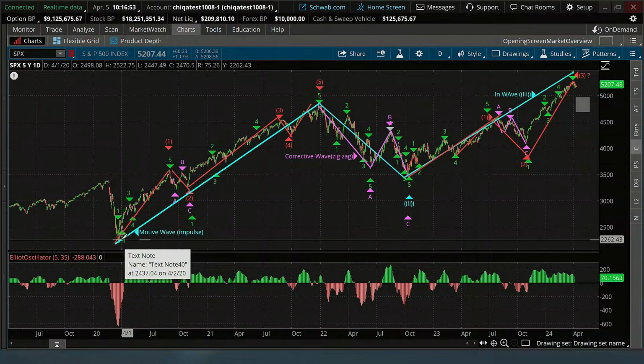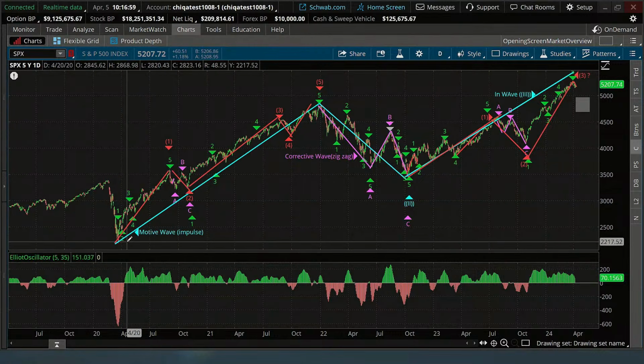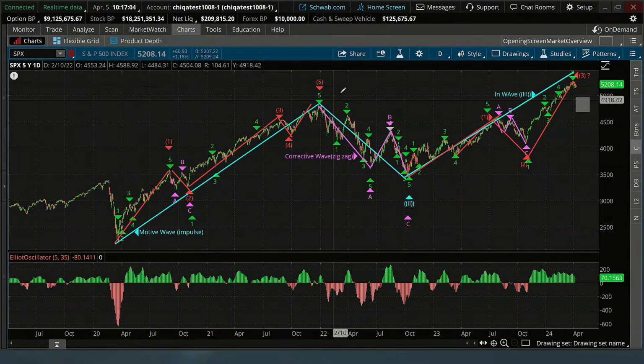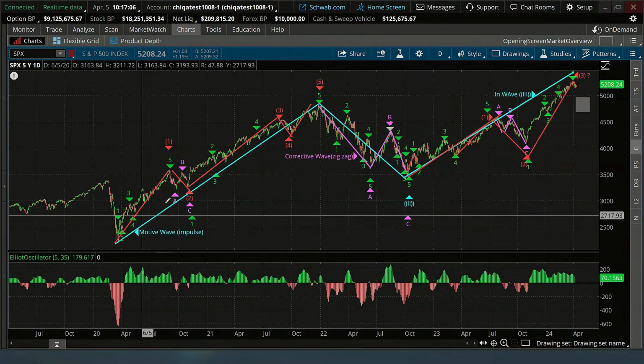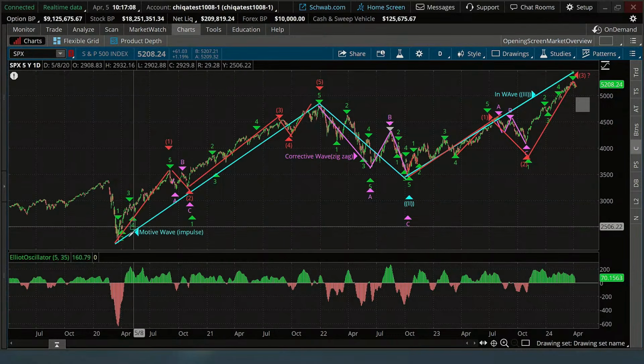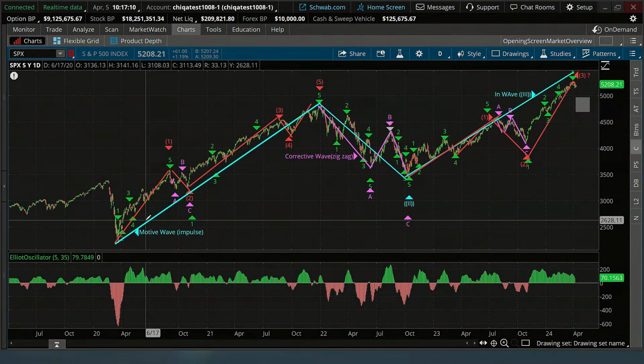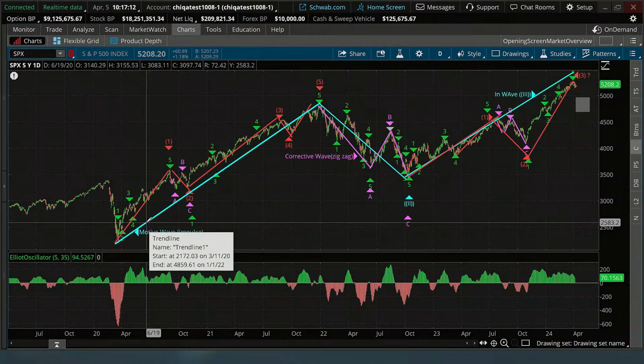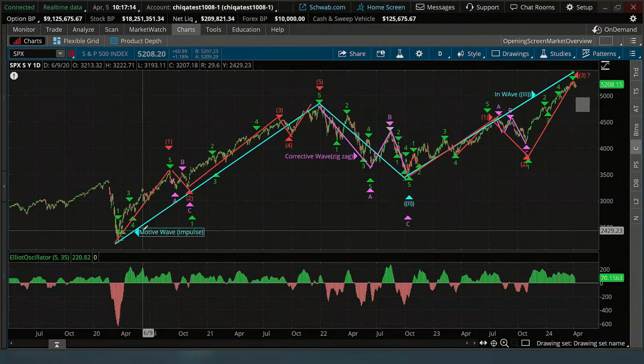So what is the biggest degree wave here? Excuse me. The biggest degree is the impulse wave, which is the blue one. Okay.